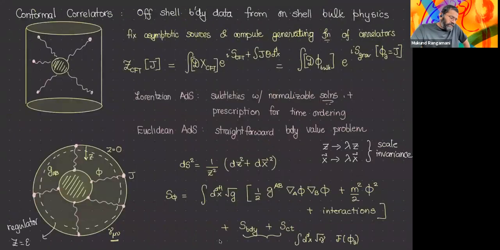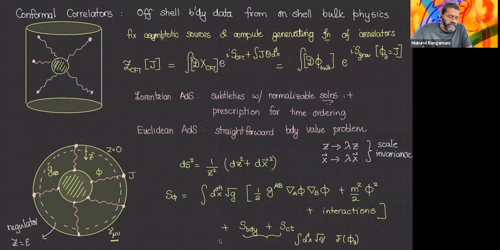Well, if I go back to my action, I can try to compute the on-shell action with the source value prescribed. There's no boundary term to evaluate. We'll worry about the counterterms in a second. But I've prescribed some boundary values. The action is a functional of those boundary values.